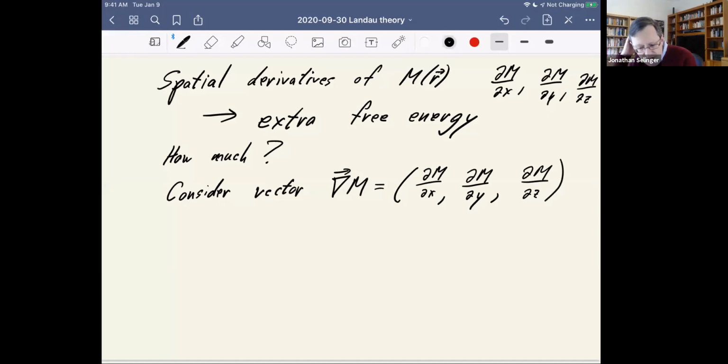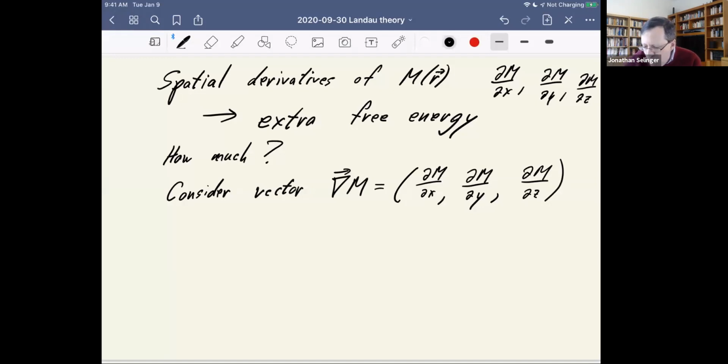As one of the derivative operators that can operate on a function. Right? So we could say, well, how could the derivatives of m enter into the extra free energy? Well, we don't want a term that breaks the symmetry, right?